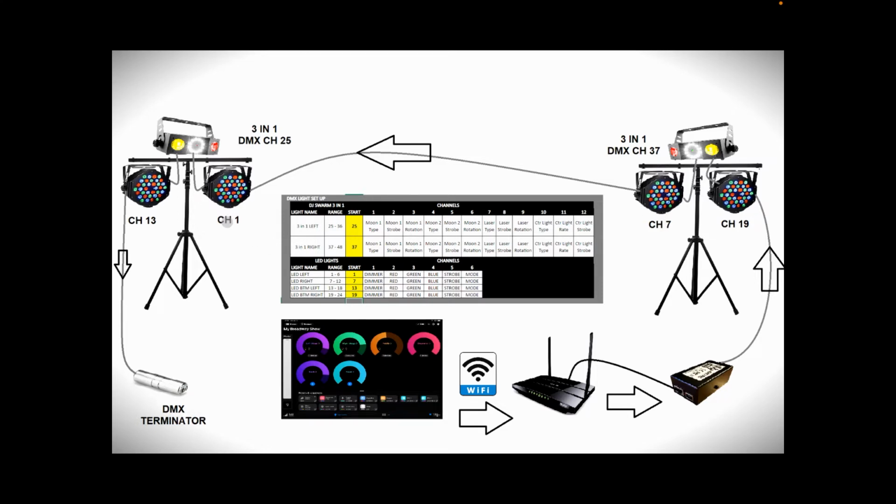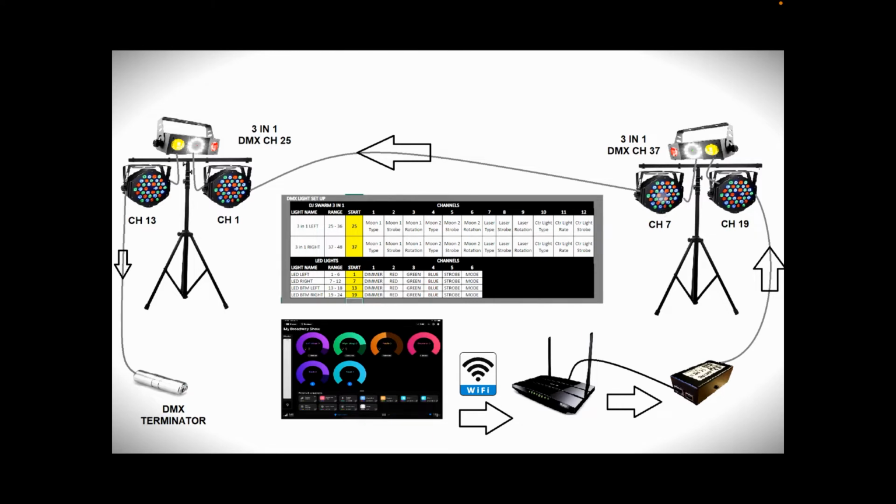So one's going to start on 1, one's going to start on 7, one's going to start on 13, one's going to start on 19. So channel 1 is the 1 of the 6, so it's 1, 2, 3, 4, 5, 6. Channel 7 is the number 1, the first parameter that you can edit.